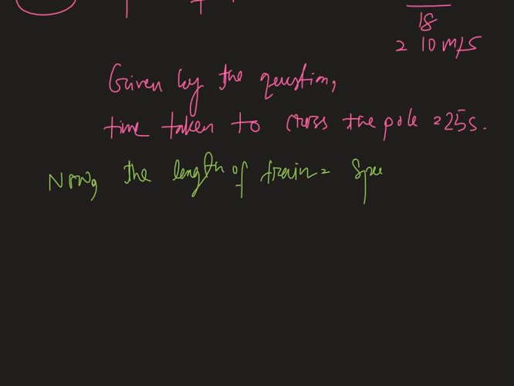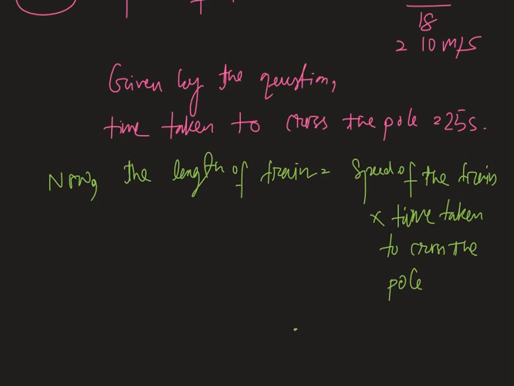Speed of the train multiplied by time taken to cross the pole.